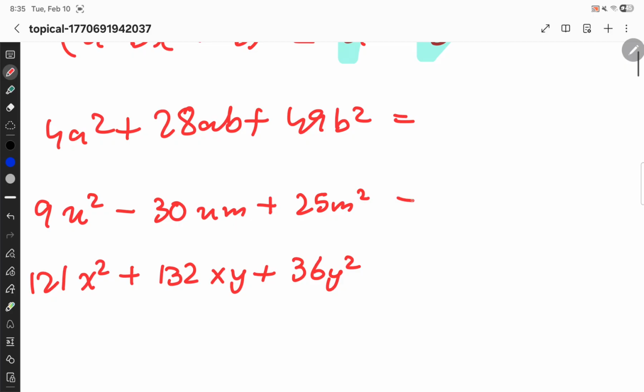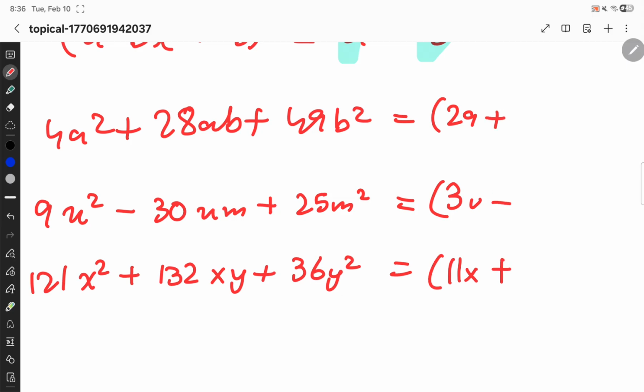So we know this will be the first perfect square, which is 2a, 3u, 11x. Then the sign between them is governed by the sign of the middle term. Okay, here we have plus, here we have minus, and here we have plus. So this is plus minus plus.